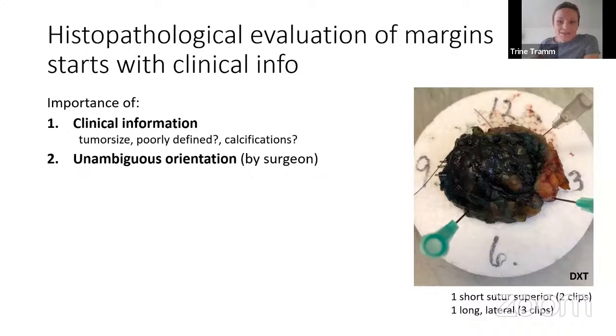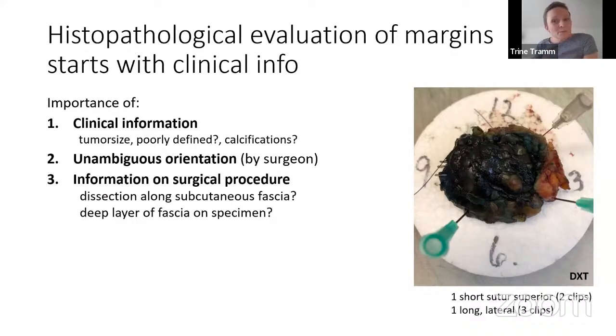Clear orientation is, of course, also very important. And it's also important for me to know if you have dissected along the subcutaneous fascia, and if I'm supposed to find the deep layer of the superficial fascia on the posterior part of the specimen.